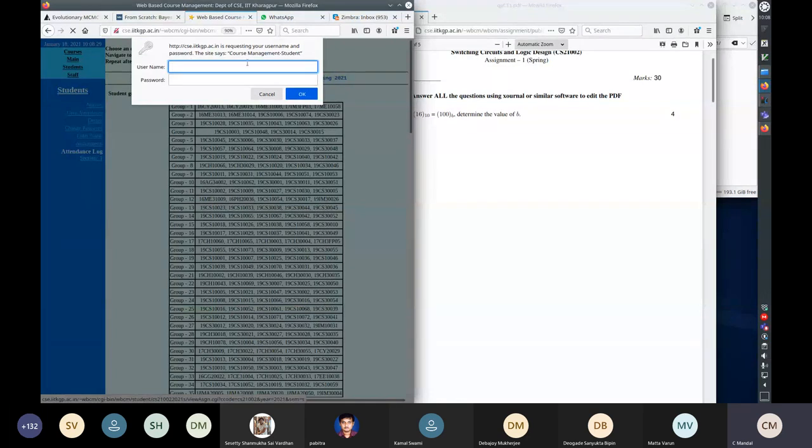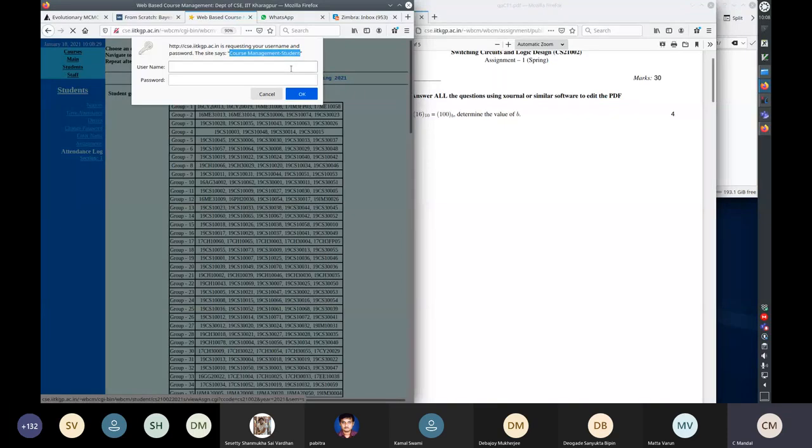And note that it shows course management student. So if it shows some other domain, something else, don't try logging in there. It will not work for you. Your password will only work for course management student.